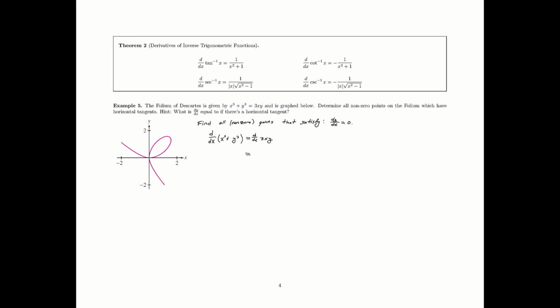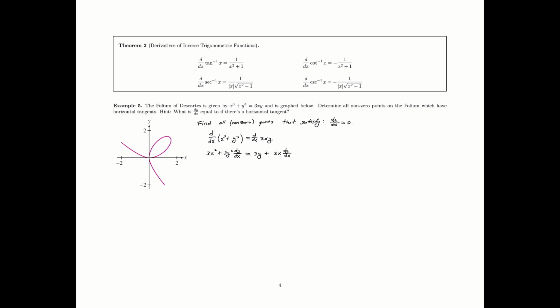On the left-hand side, we'll have 3x squared plus 3y squared, and since we just differentiated a y term with respect to x, we'll tack on a dy/dx. The right-hand side has a product rule. We'll treat 3x as the first function and y as the second function. So the derivative of the first, 3, times y left alone, plus 3x left alone times the derivative of y, which is dy/dx.